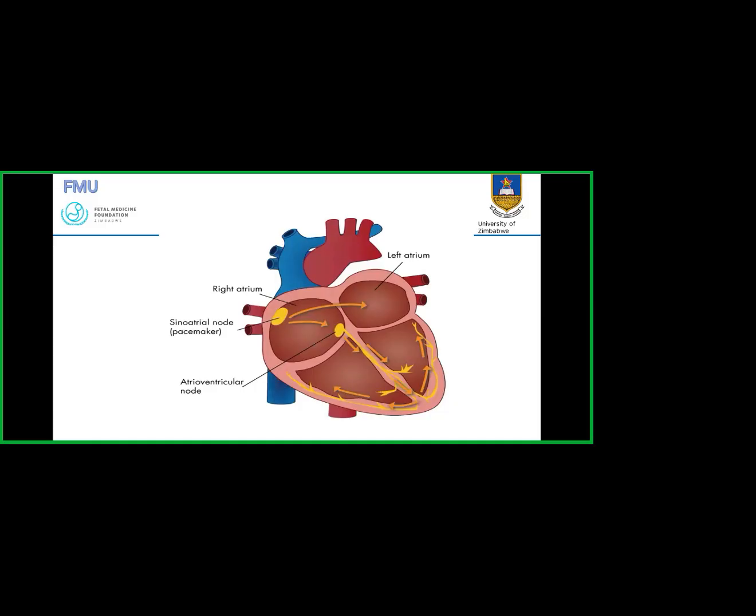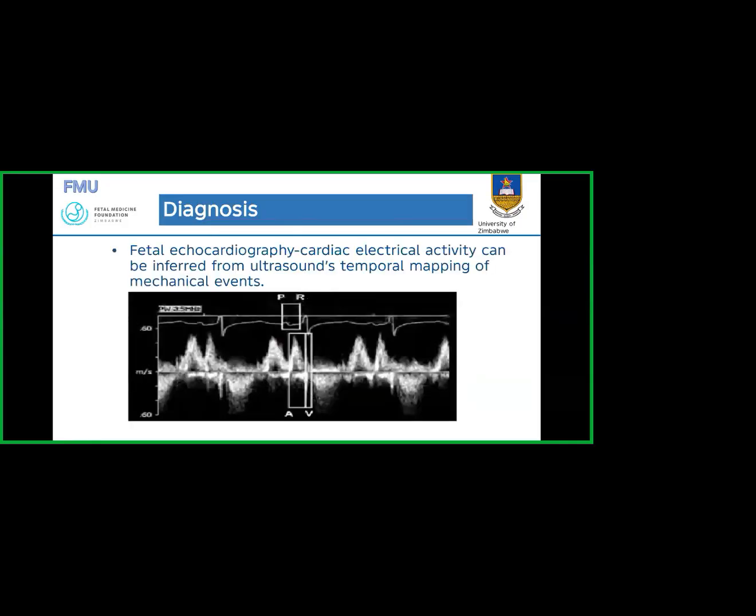Then it gradually falls to settle between 110 to 160 beats per minute. This gradual falling is attributed to the development of the parasympathetic system. It is important to understand this when we interpret fetal heartbeats, and we should also take into consideration the gestational age of the fetus.